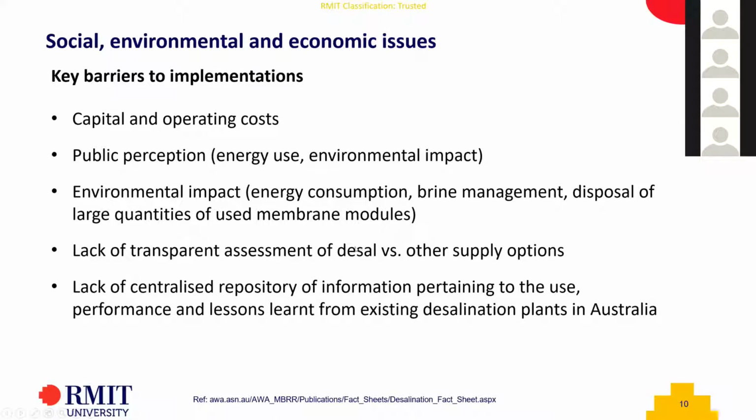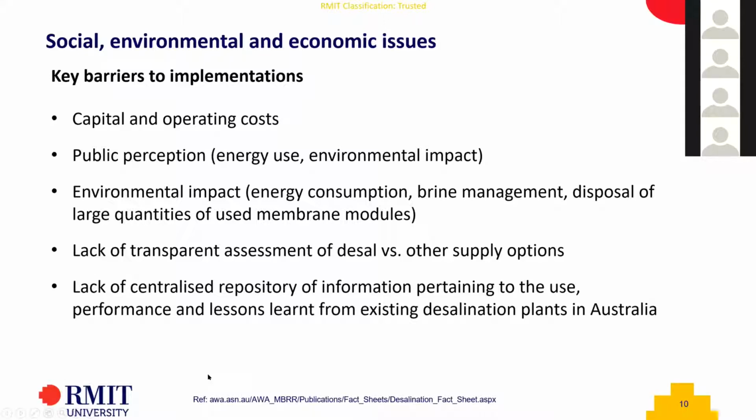And also after years of use, you will end up with used membranes, right? How do you deal with those used membranes and the modules? So that's another issue. In addition, it seems there is a bit of a lack of transparent assessment of desalination and other supply options, whether desalination is the best option. So there have been some concerns, right?